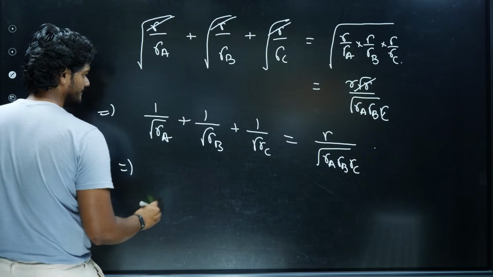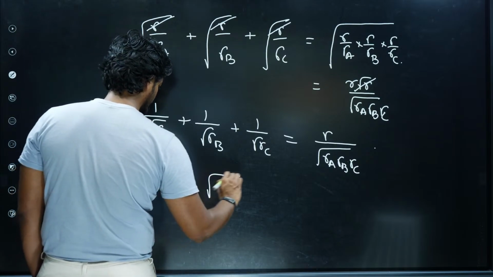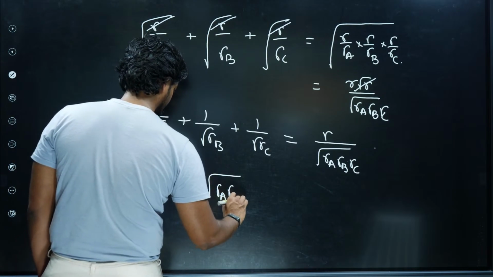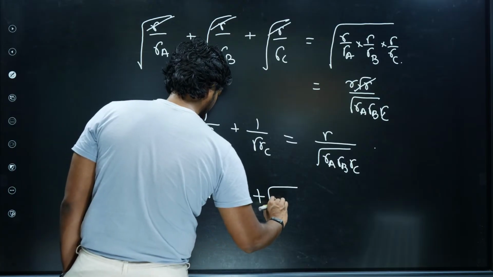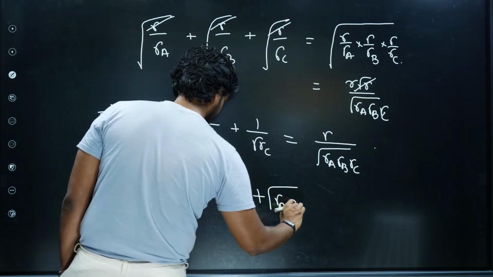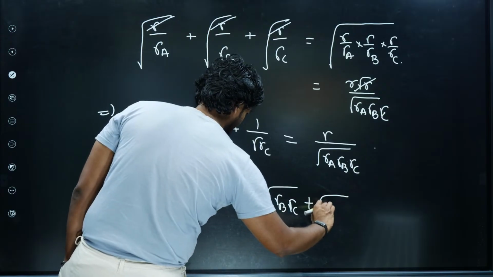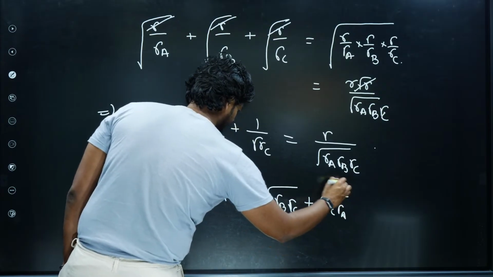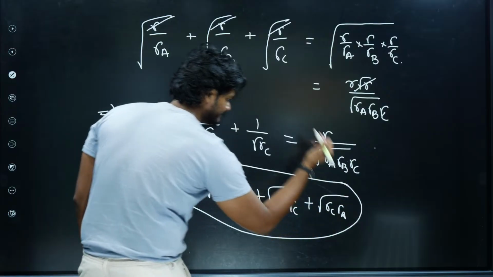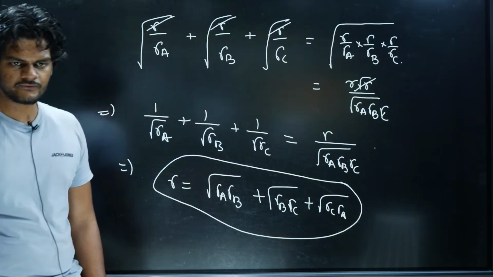So we have r is equal to root ra, rb plus root rb, rc plus root rc, ra. This is the proof.